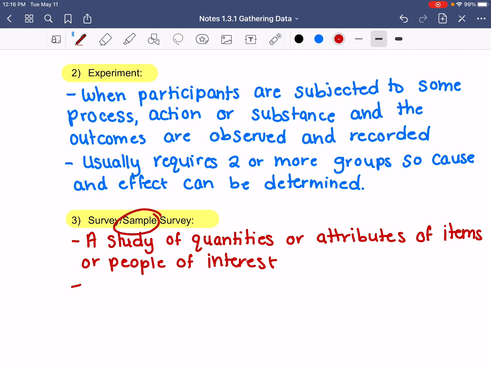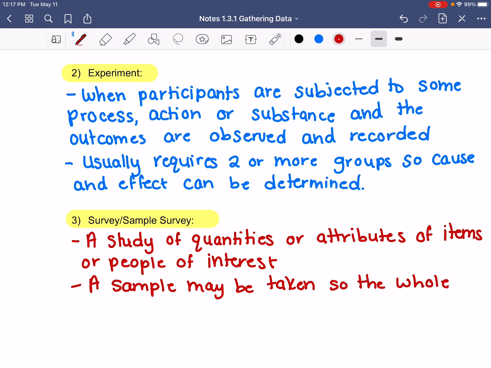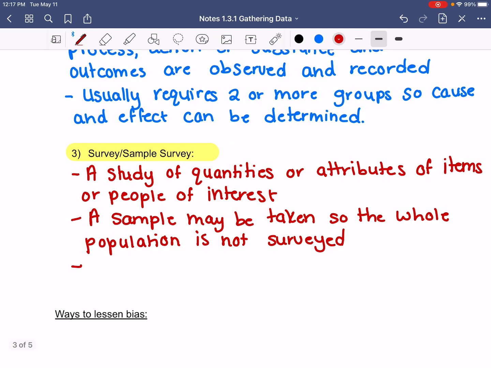That's when a sample survey is if you can't ask the entire population. And your questions that you ask must be neutral and can't be leading in any way.